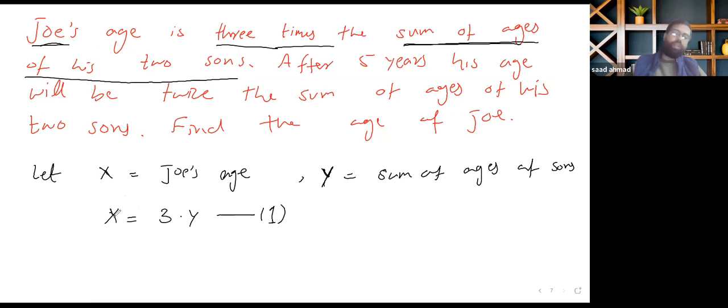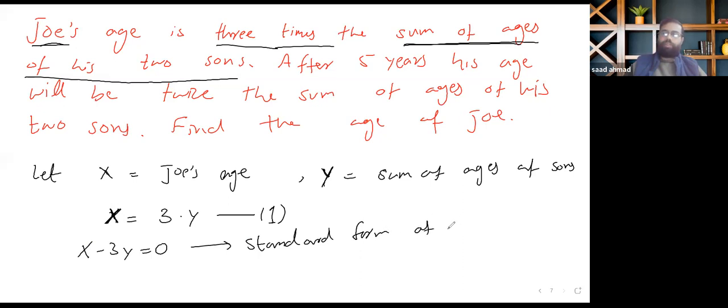First of all, we converted the given information into an equation. We defined the variables, then converted it into a linear equation. If you want to see, it's like this: x minus 3y equals 0, which is the standard form of a linear equation. We don't need to do this, just showing you that this is a linear equation and you can rewrite it into standard form.